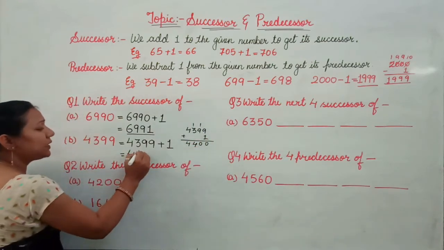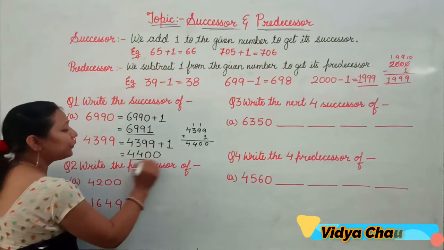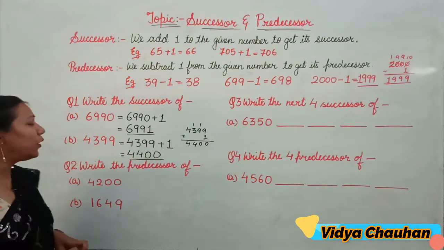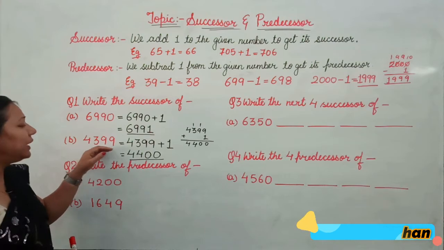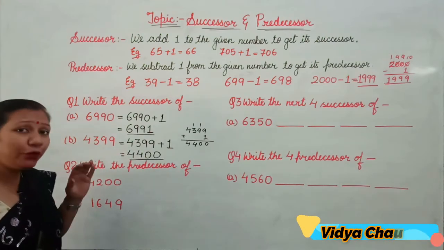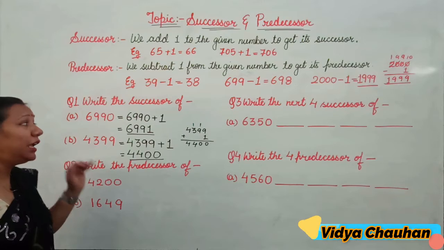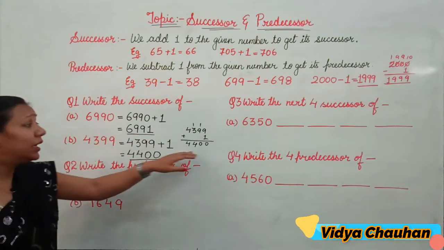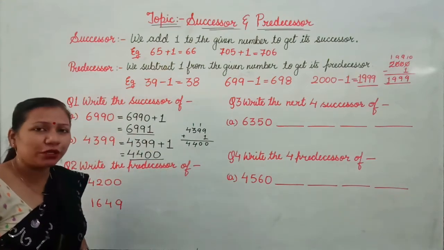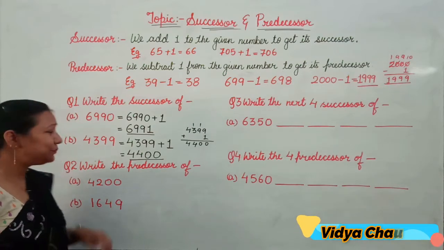So what is your answer? 4400. It means the successor of 4399 is 4400. If you find any difficulty in doing the questions orally, you can perform addition and subtraction in the rough portion also. Right, students?